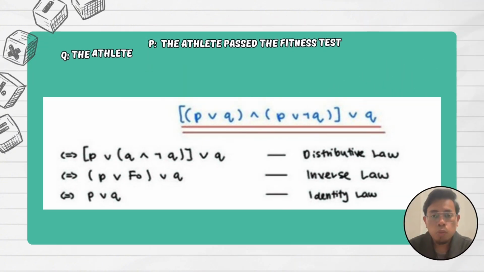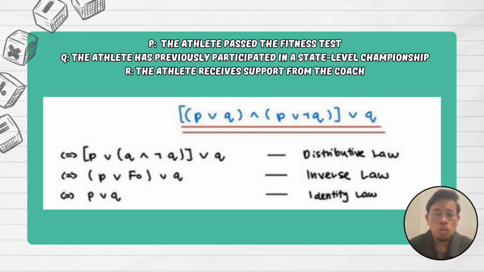From the 3 propositions that we have, we can move on to our first question, which is the one in the slide: P or Q and P or not Q, the whole statement, or Q. So we need to identify which laws of logic we can use to simplify this statement.